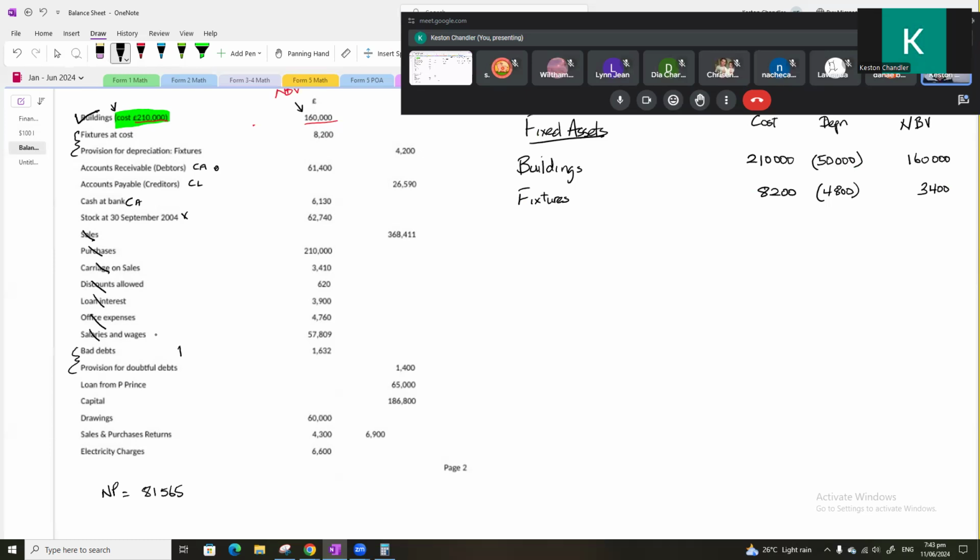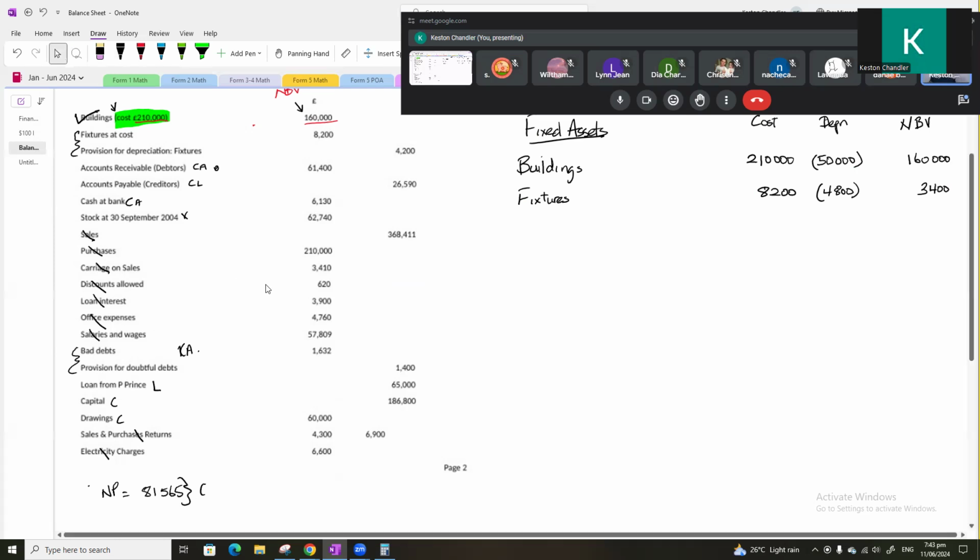So this is going in our current asset section. Loan is going as a long-term liability, where capital is capital. This is going to be subtracted from capital. I don't need this. And this also here, net profit, which we got from our income statement, has to go to our capital. So there are no more assets. Everybody agree with that? No more assets.